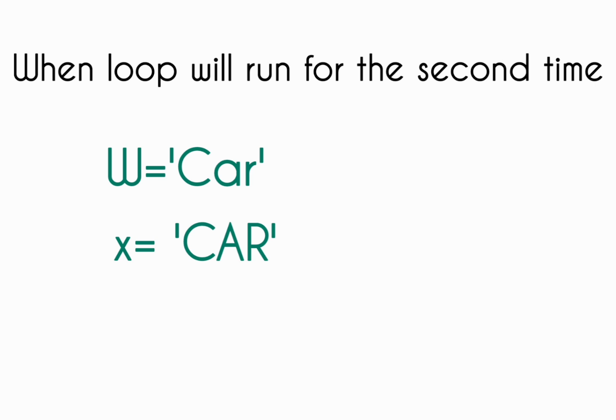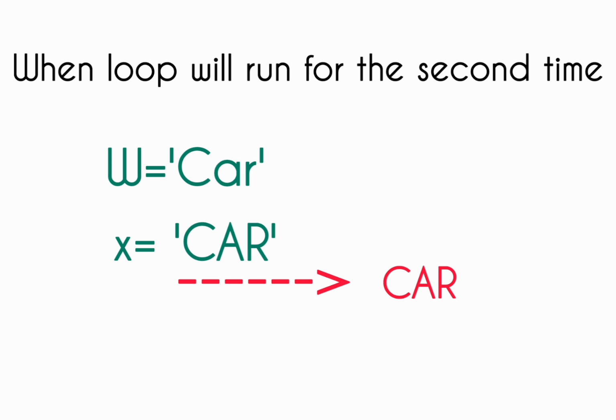So W holds the value car, and now inside the loop it was written that X is equals to W dot upper. So the upper function will work, and the X variable will hold the value CAR with all the letters in uppercase like this. Now again we have to check whether this word is a palindrome or not. So if you read it from the left side, then you will read it as car.